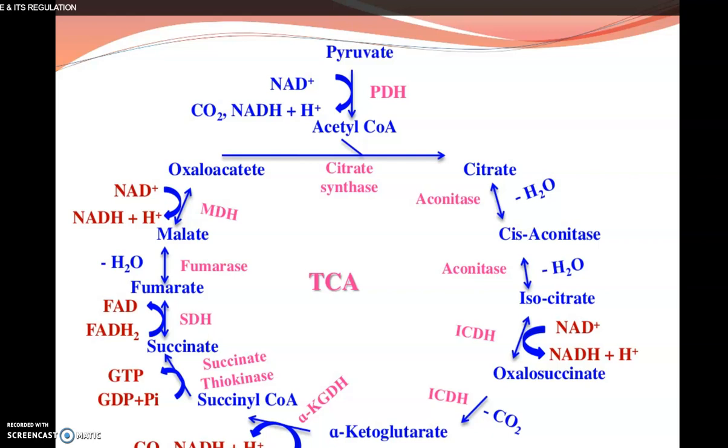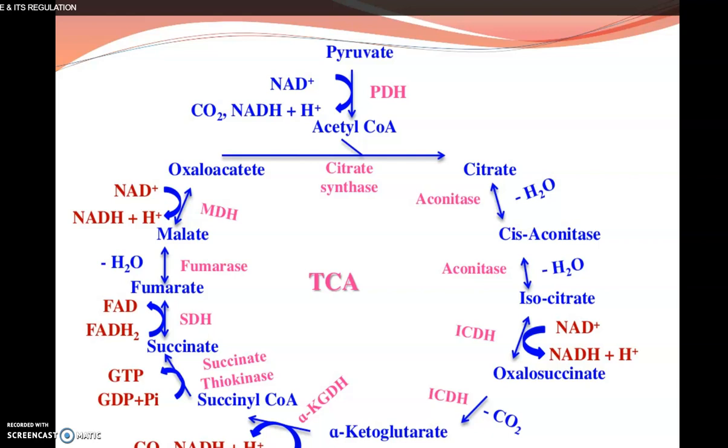Now if you go back to glycolysis, you can see there, after the Krebs cycle, what we are getting. We got NADH and FADH2, and these two, NADH and FADH2, are going into the electron transport chain. So basically the Krebs cycle gives you NADH and FADH2 which will enter into the ETC. As a result of that we are getting ATP.